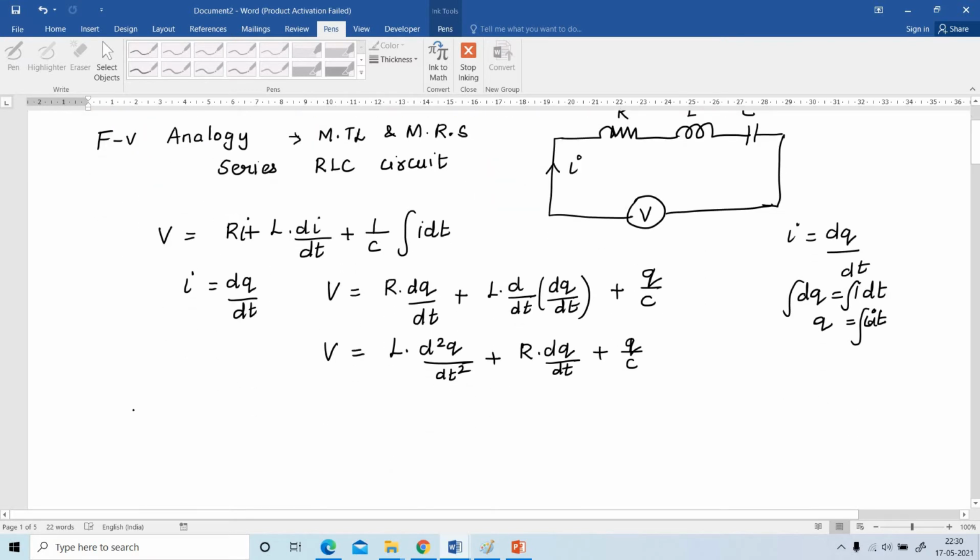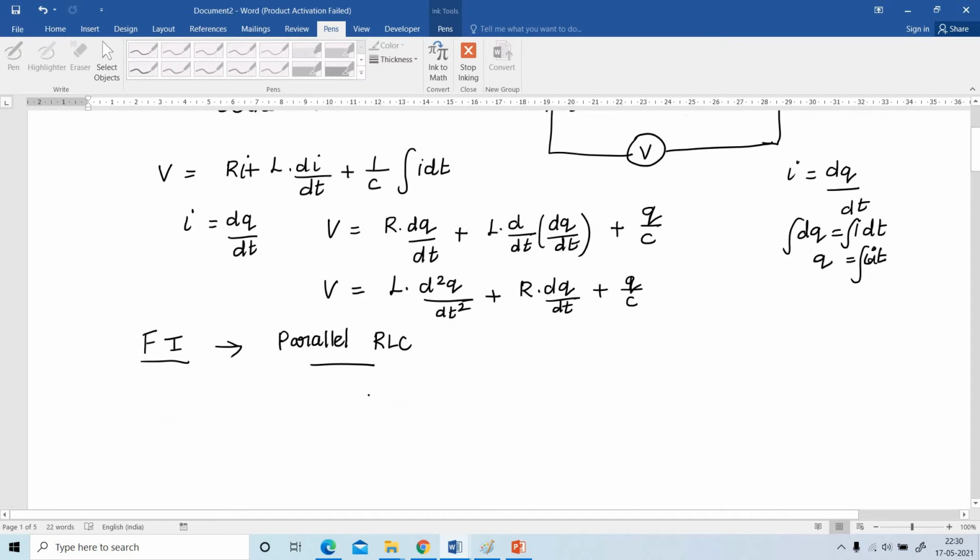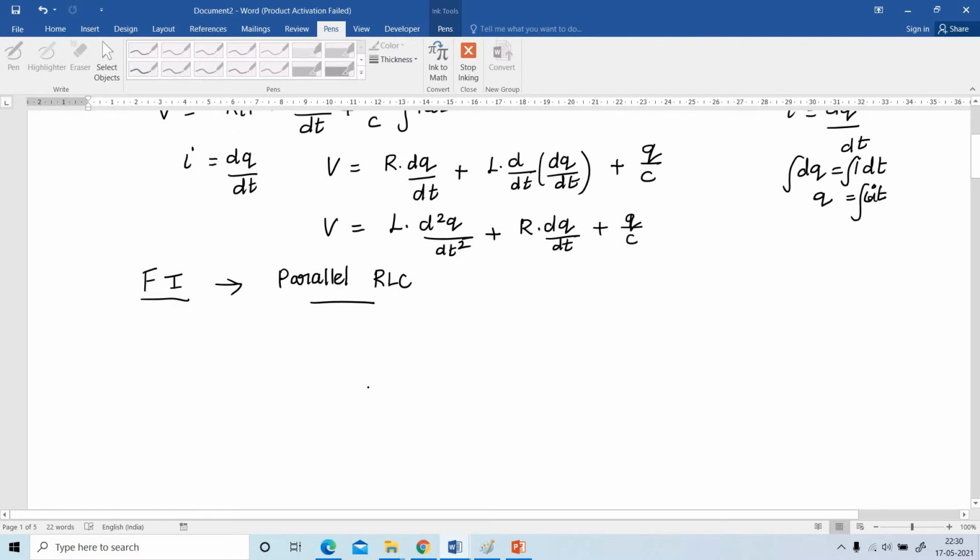Next, consider the parallel RLC circuit for force current analogy. I am going to draw the parallel RLC circuit.